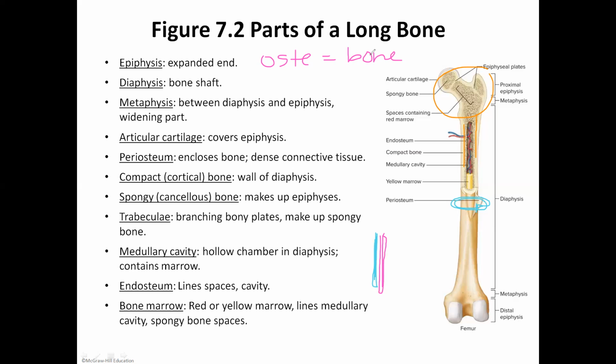Now, if we look at the shaft, or back to that diaphysis, we're going to think about something called the medullary cavity. So you have this compact bone, then this medullary cavity within. I'm going to show it in black; you can see it's like a hollow chamber, and within it we're going to have our marrow.